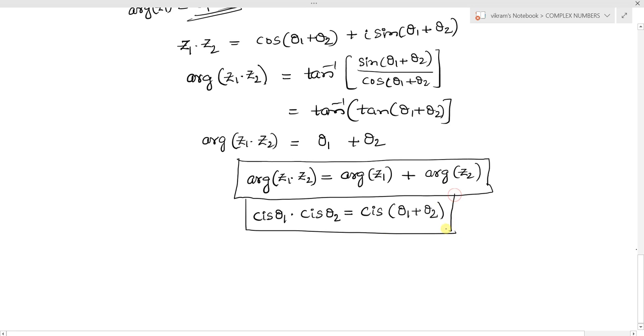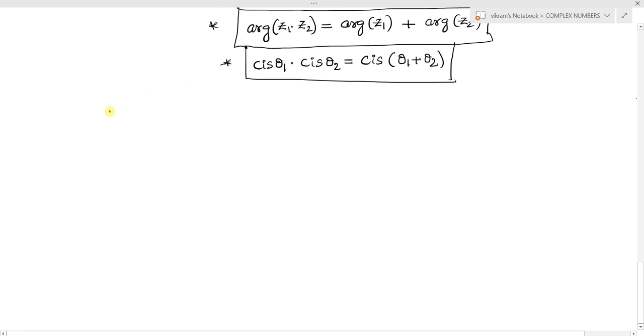We need to consider these two points in relation to the product of complex numbers z1 z2. The product of two complex numbers adds the arguments: cis theta 1 into cis theta 2 equals cis of theta 1 plus theta 2, and argument of z1 into z2 equals argument of z1 plus argument of z2.